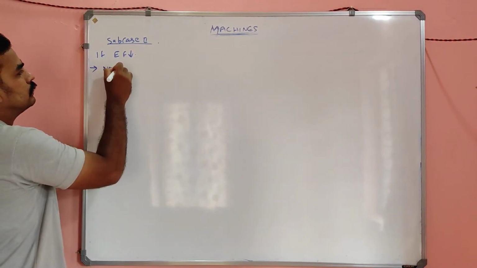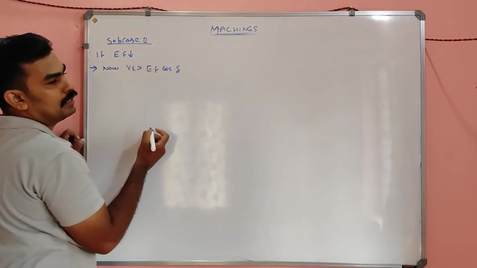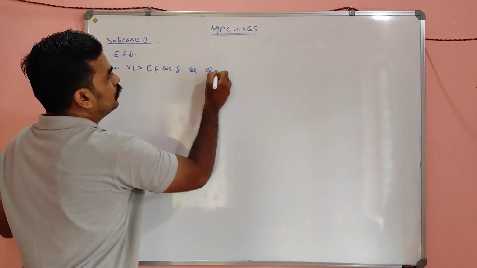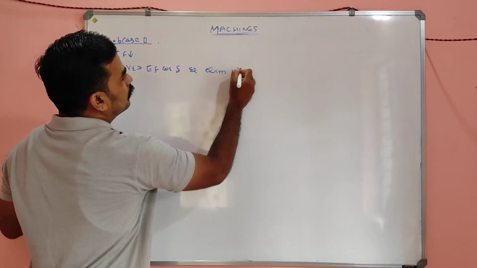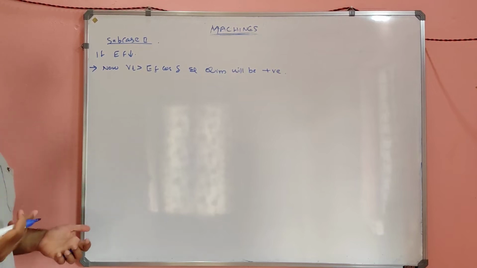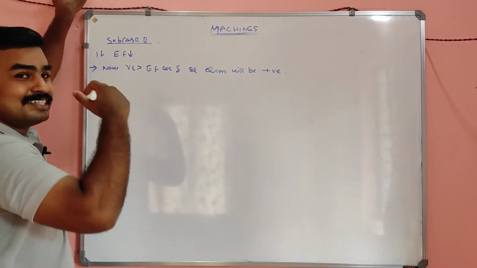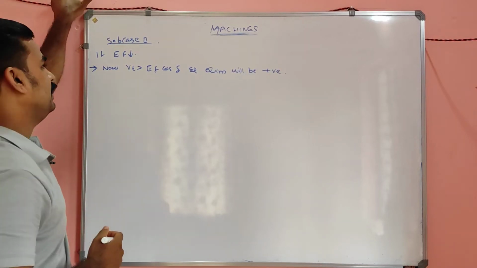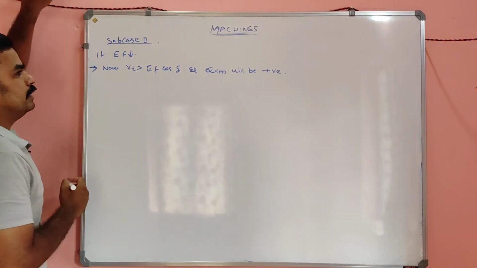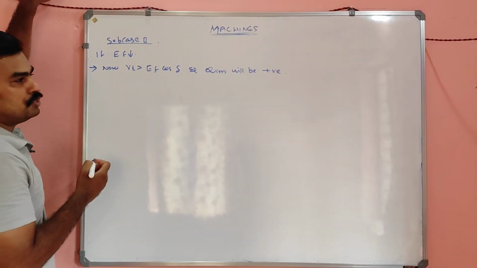Now Vt will be greater than Ef cos delta and Q will be positive. Q will be in the positive direction because Vt greater than Ef cos delta will happen again. So it is like the initial condition, right? So what happened, my dear? Q will be positive.